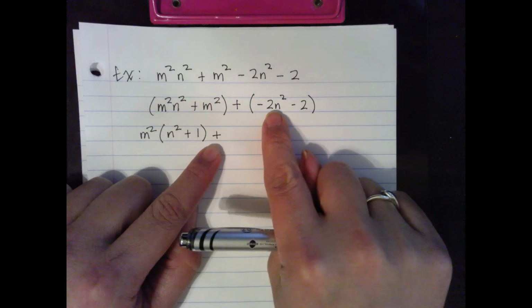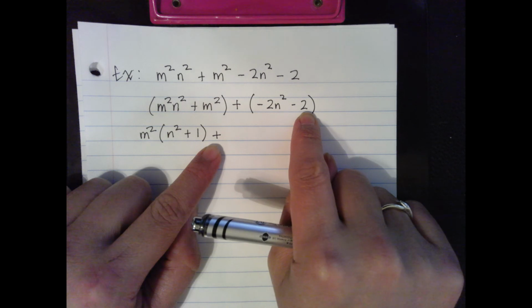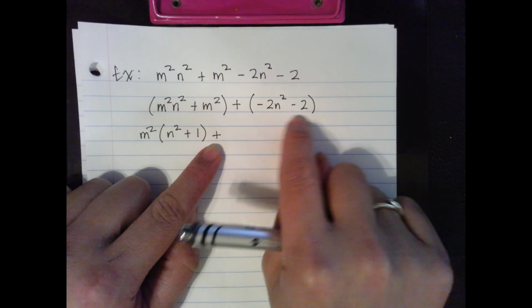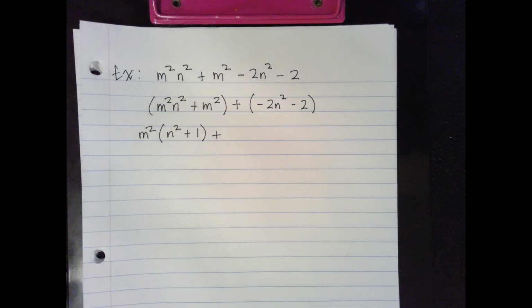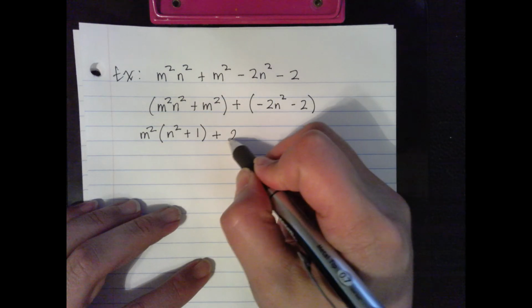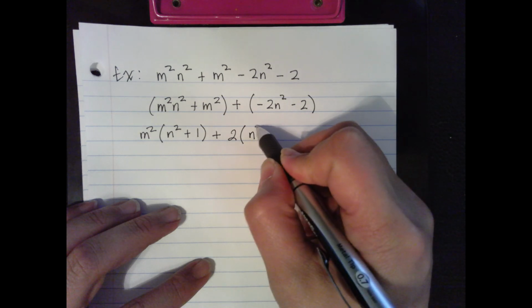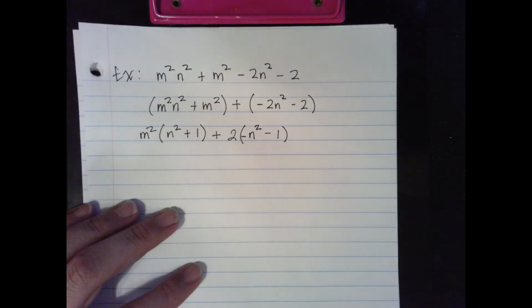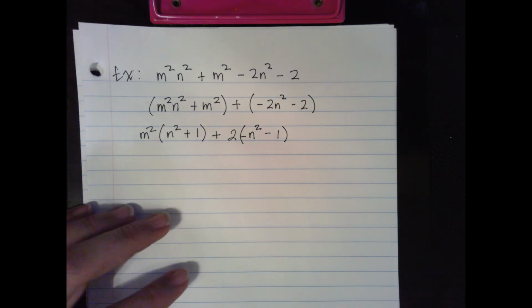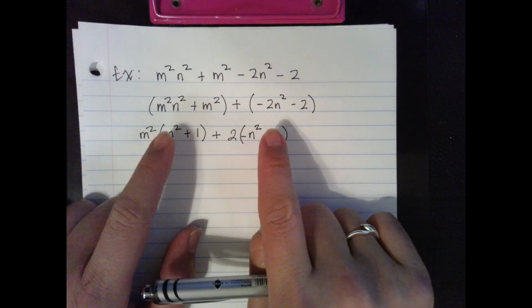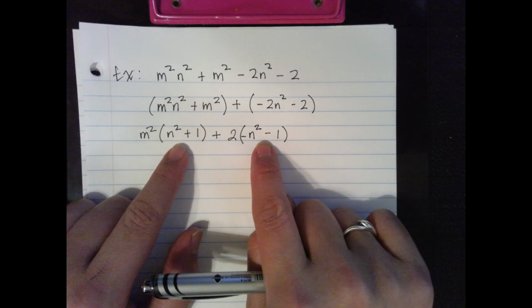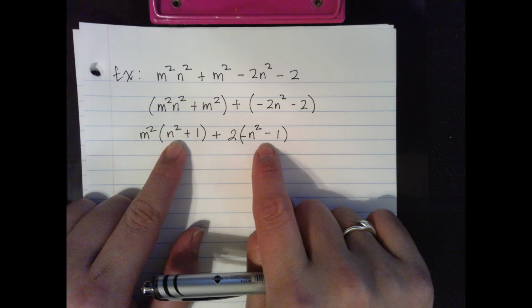Plus, let's say here we only pulled out 2. Notice I have negative 2 in both of them. But what happens if we only pull out the 2? I would have 2 times negative n squared minus 1. Notice that what's in the parentheses is similar, but one is the exact opposite of the other. Here they're both positive, here they're both negative.